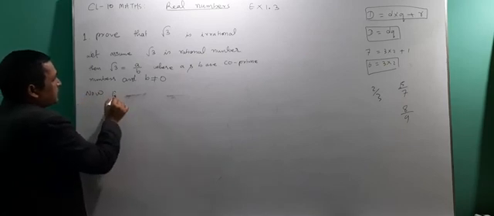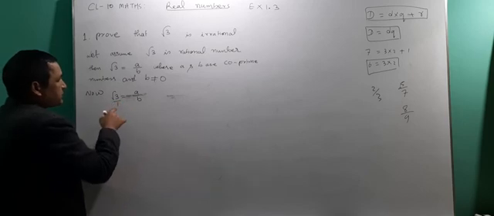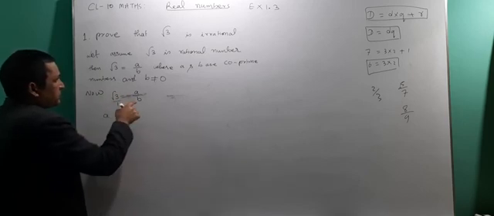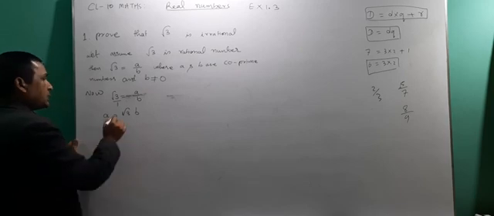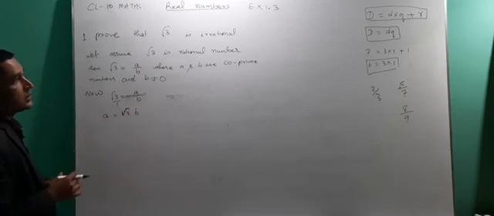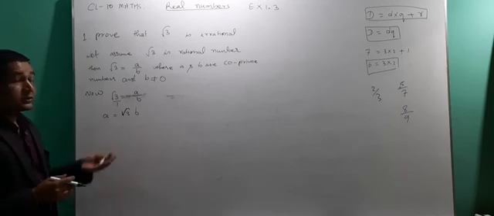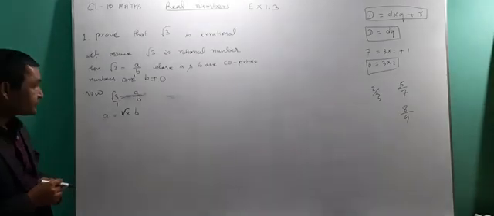Now root 3 equals a by b. Now do the cross multiplication. 1 into a and b into root 3, root 3 b. Okay, let's try to remove this root. To remove this root, remember there is a theoretical solution, that means we have to go step by step.